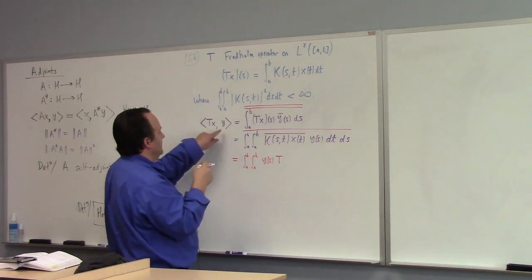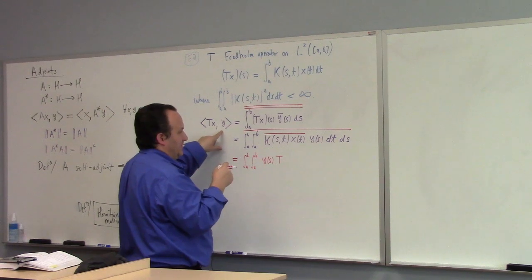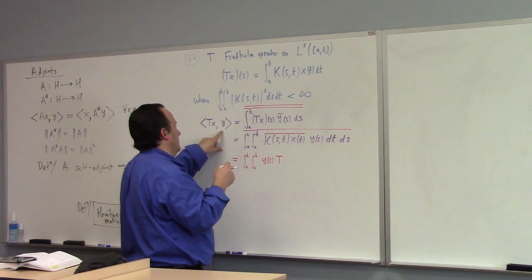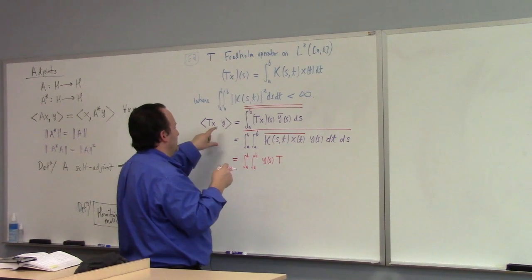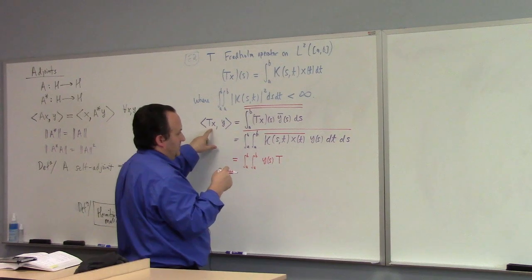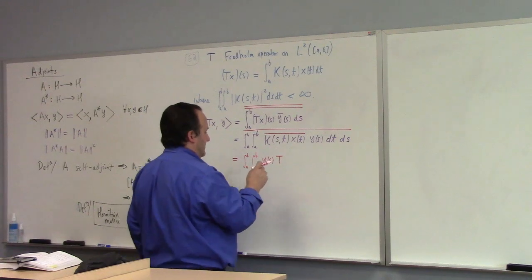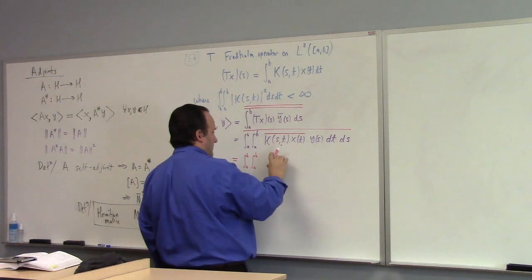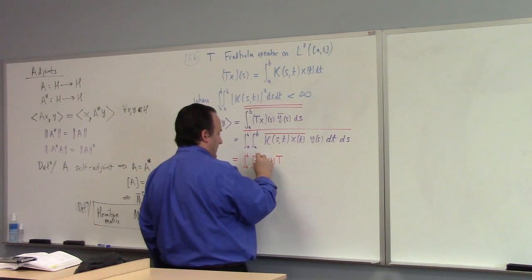We're trying to get x, t of y, right? Are you showing T is self-adjoint? Yeah, so I want x, T y here. So I need to leave this x here conjugated.